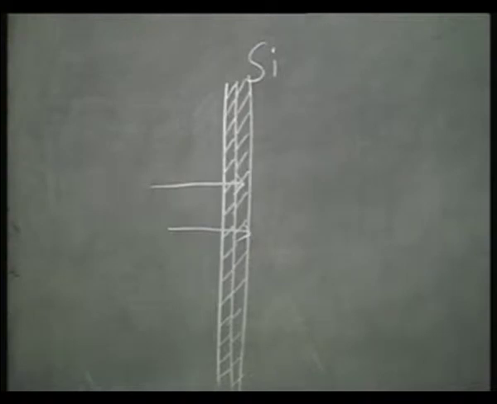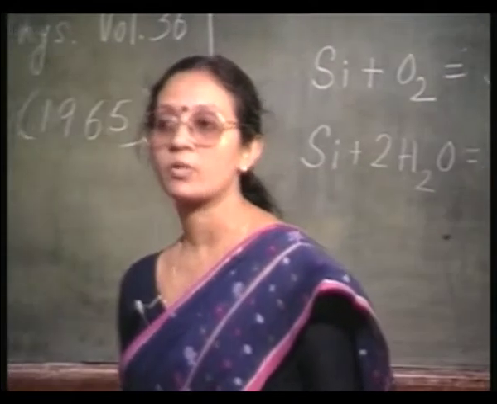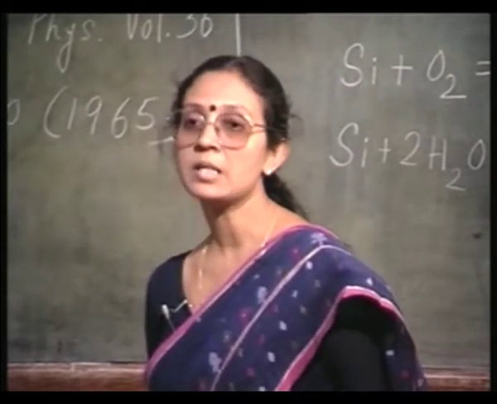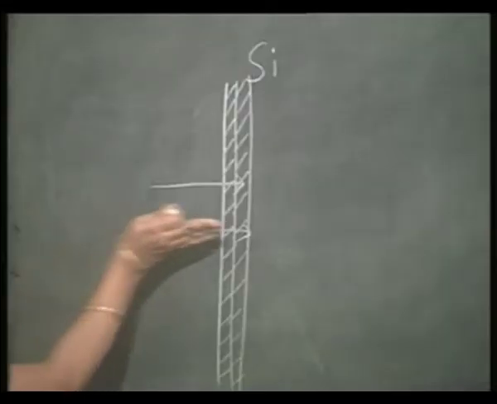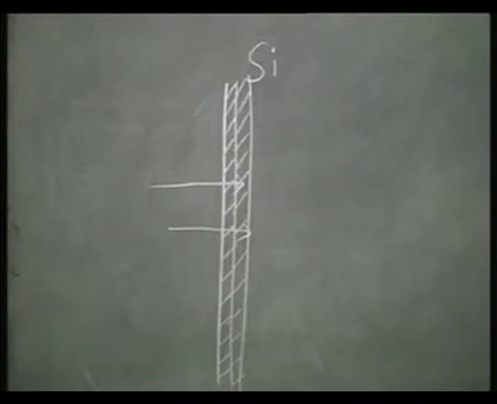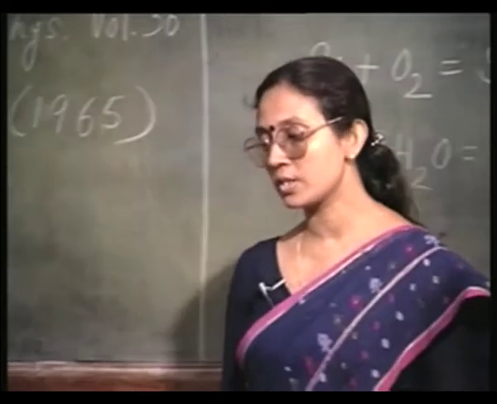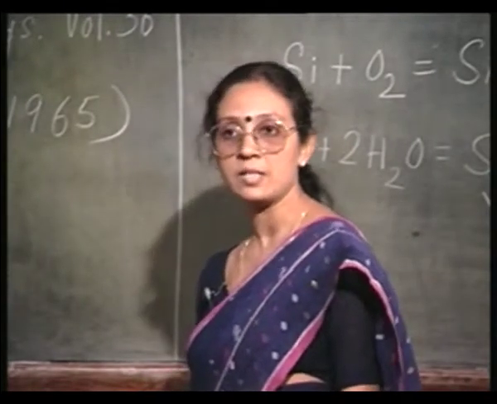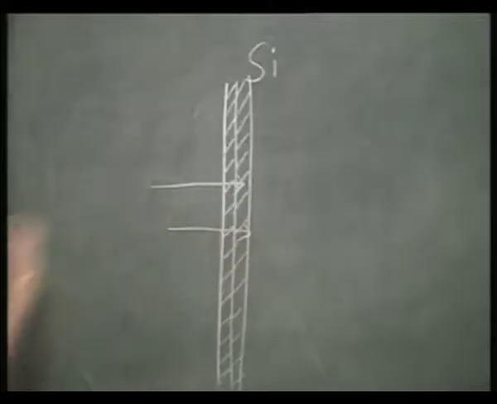Okay. Which of the two models is true? By radioactive tracers, that is by using radioactive oxidizing species, it has been found that it is the movement of the oxidizing species into the silicon and not the movement of silicon out, right. So, during thermal oxidation process, the oxidizing species move inside, move through the oxide layer and reacts with the silicon at this interface.